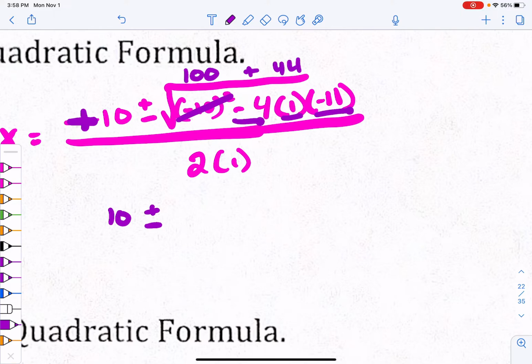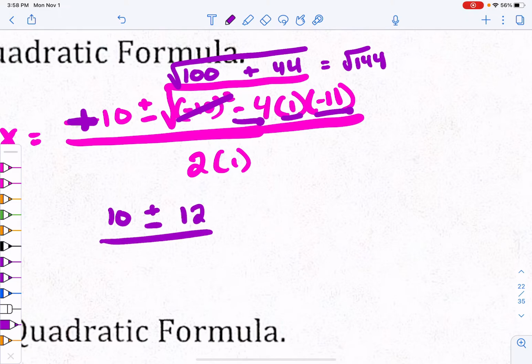Like two negatives are going to make a positive. So we have 100 plus 44, and that's the square root of 100 plus 44, okay, which is the square root of 144. And the square root of 144 actually comes out nicely. It is 12 all over 2. Okay, so what I have going on, it's 2 because it's 2 times 1. 2 times 1 is 2.